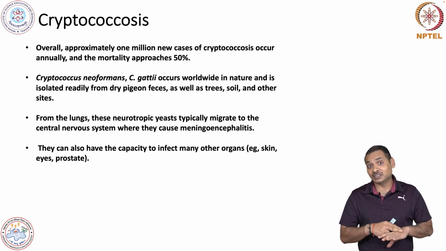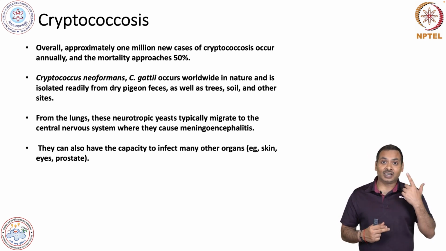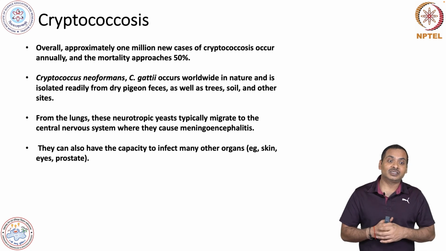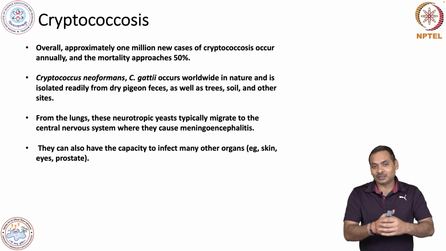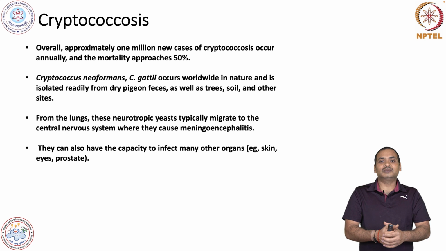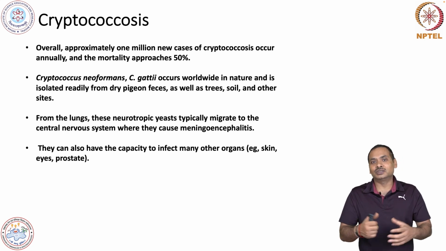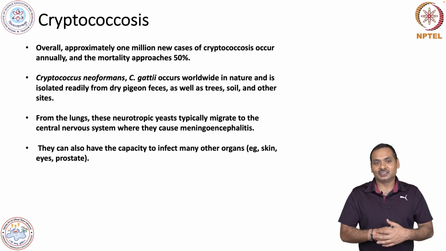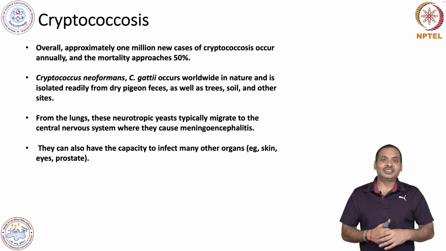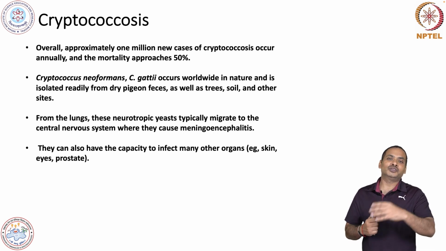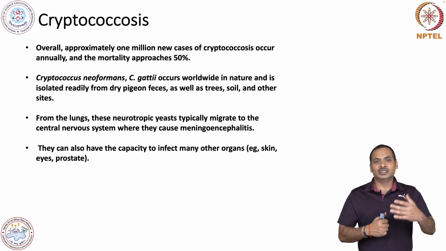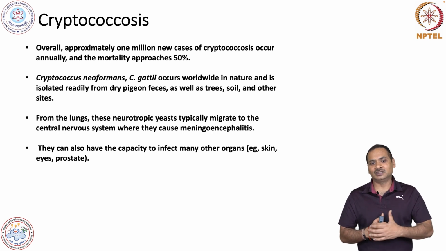They can infect the skin, the eyes, and the prostate. So this fungus has quite a well developed potential to cause a very dangerous disease. Now you can understand it is not surprising that about 50% of people die if they have this infection.